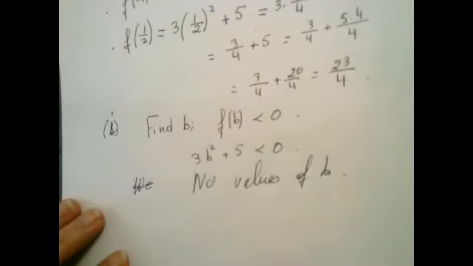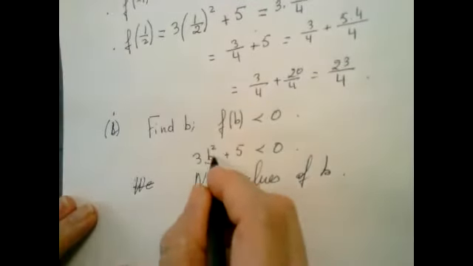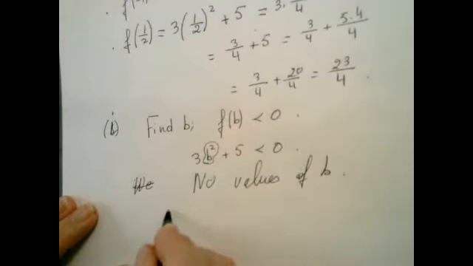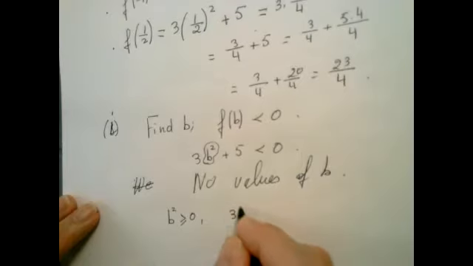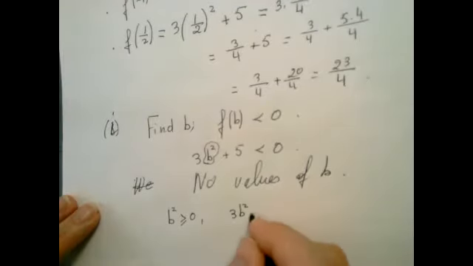Why? Because when you take any number, b squared is always a positive number or equal to 0, of course. Whether it's negative or positive, that's a positive number. So when you take 3 times b squared, you're always going to have a positive number. It's even more than that, you're adding 5 to it.